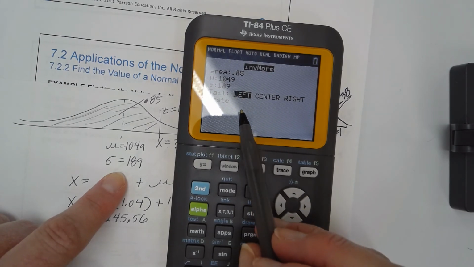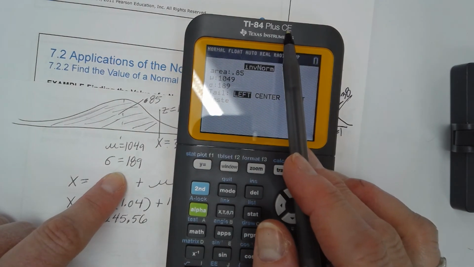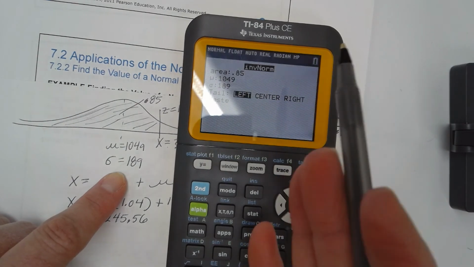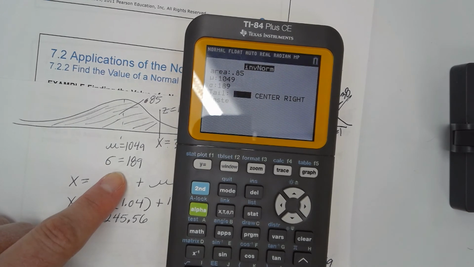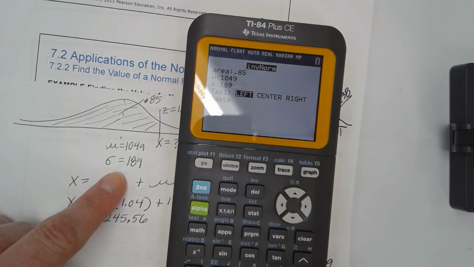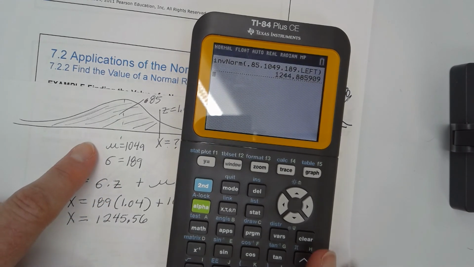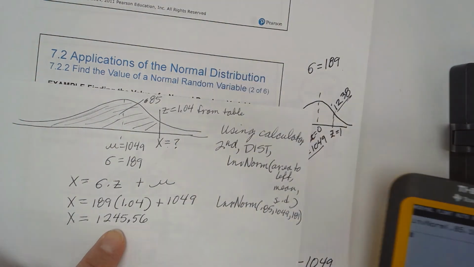So most calculators don't give you that option of left, center, and right, but these plus CE calculators do. So if you don't have that, don't worry, just always know that that area is the area to the left, okay? You have to enter the area to the left in the other calculators. Okay, so that gives me 1,244.89.